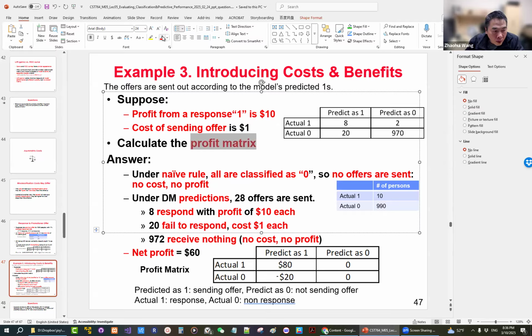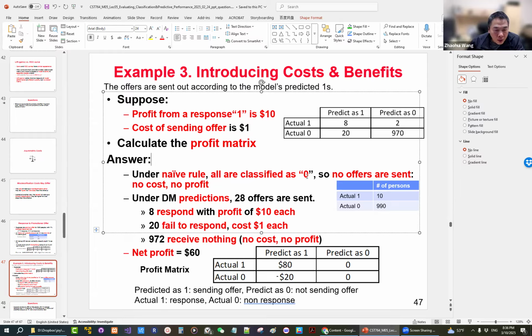Because this profit matrix uses the profit and the cost concepts based on the confusion matrix. So, under the naive rule, all the classes are predicted to be 0.